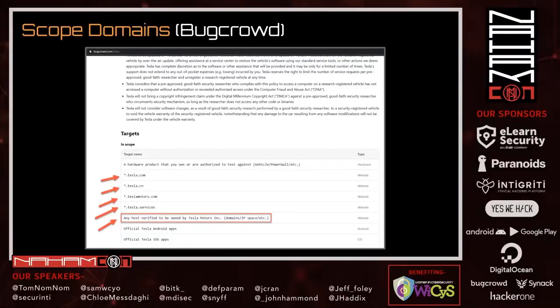That means you can test any subdomain of those, and that's a pretty wide scope. And then they have this extra space down here that says any host verified to be owned by Tesla Motors is also in scope. So that's really awesome. This is a wide scope program. And so those are our seed domains, the first four that we'd probably work with: Tesla.com, Tesla.cn, TeslaMotors.com, and Tesla.services. And then we try to build from there.